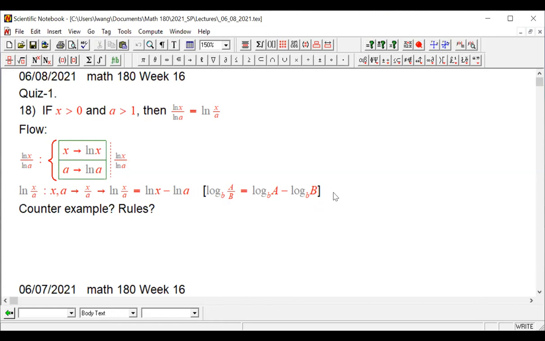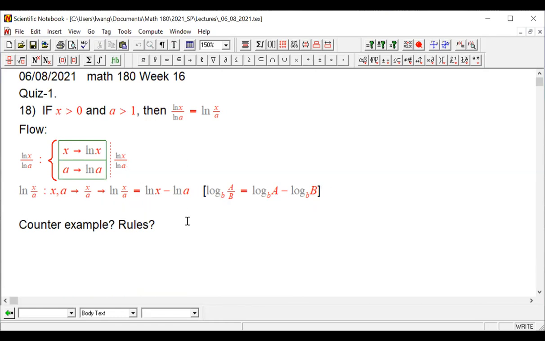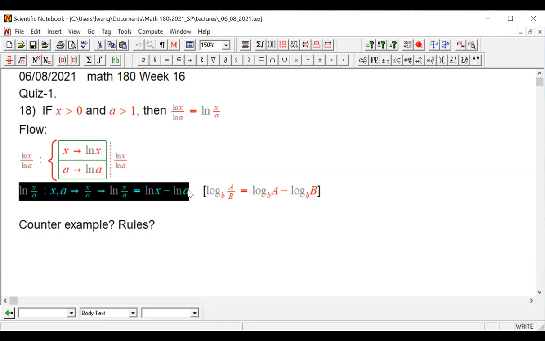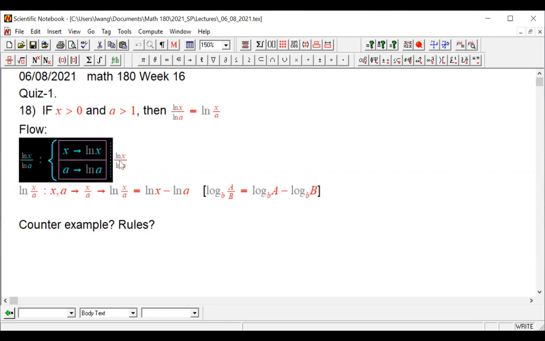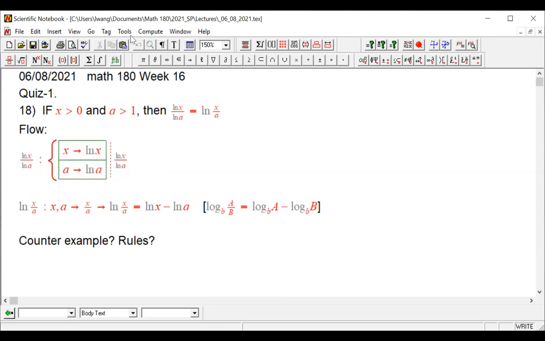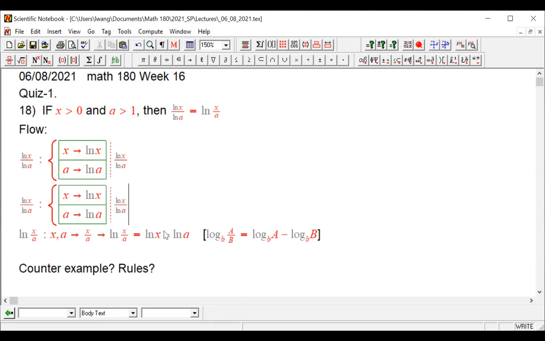So this process is equivalent to ln x minus ln a. Are they the same?